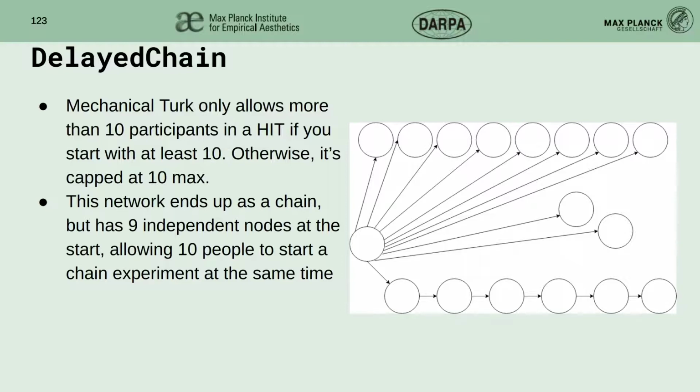And so now, rather than just retroactively charge you the higher commission, I'm just not going to allow you to add a 10th person. It's not how I would have implemented it if I were Mechanical Turk. I would just have retroactively charged the higher commission, but that's what they did, and so we needed a workaround. What we do is it ends up being a chain, but it is instantiated with enough independent nodes at the start for Mechanical Turk to know that this is what's happening. And so we've called it a delayed chain.